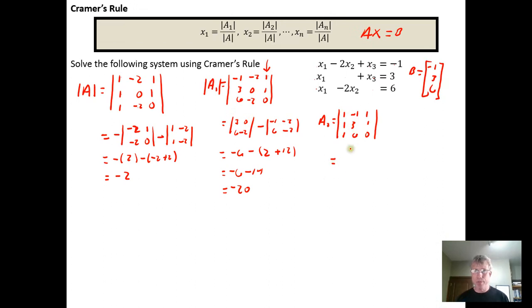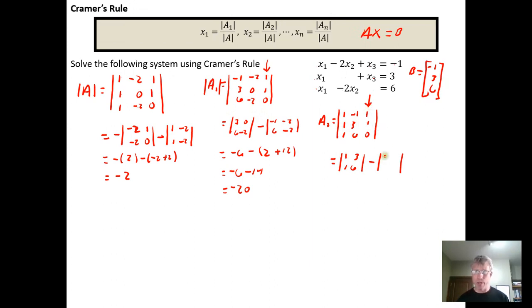So equals, again, I'm going to expand in terms of column 3, so plus minus plus, positive 1 times the minor matrix that's left when we strike row 1, column 3. So what's left is a 1, 3, 1, 6. Then minus 1 times the minor when we eliminate column 3, row 2.